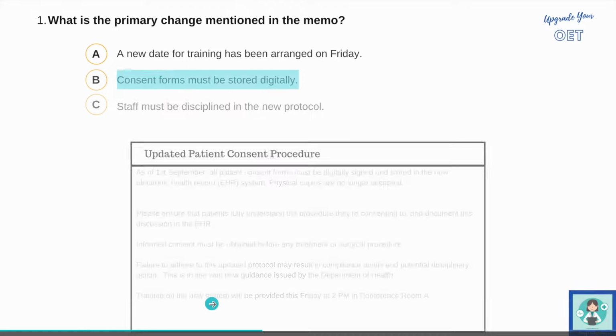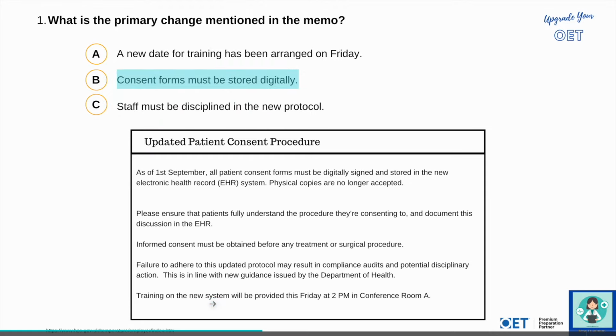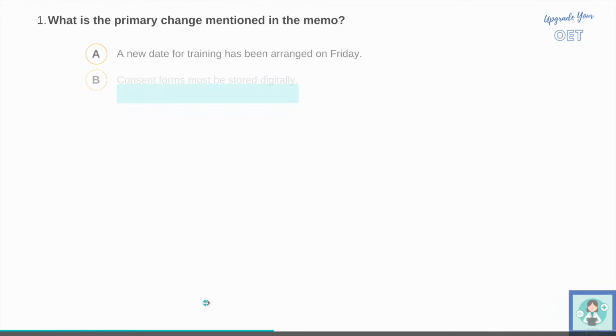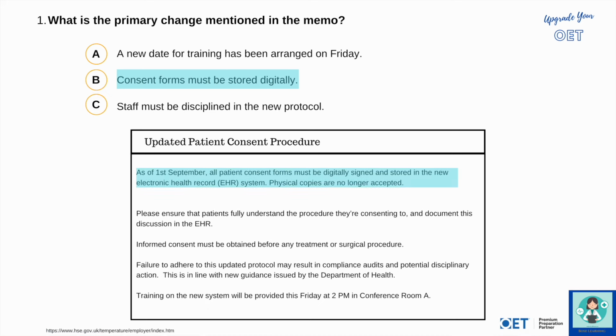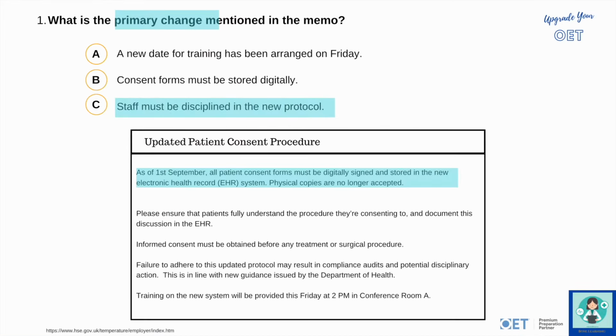What about B? Consent forms must be stored digitally. Well, the whole extract really is about this new change, isn't it, from the 1st of September. So it looks as though this one is the correct option. And staff must be disciplined in the new protocol.